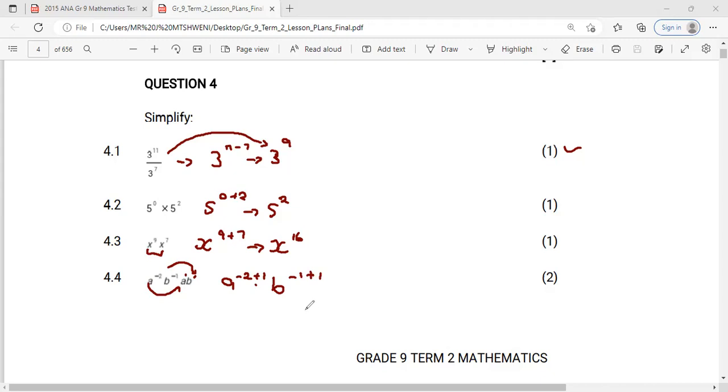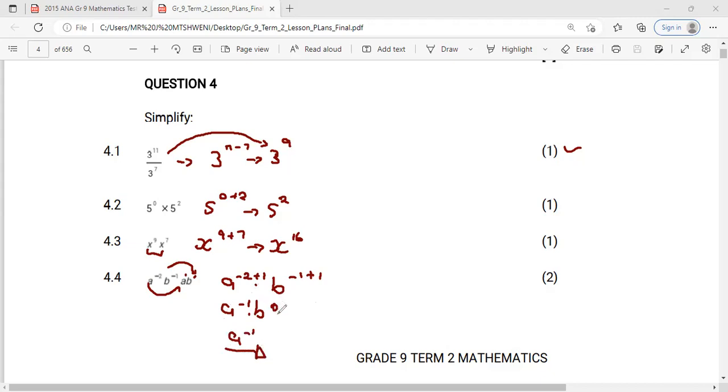Remember, we add whenever we multiply powers of the same base. Now, what do we have? Negative 2 plus 1 will get negative 1, multiplied by b to exponent 0. b to exponent 0 is 1. So our answer basically will be a to exponent negative 1.